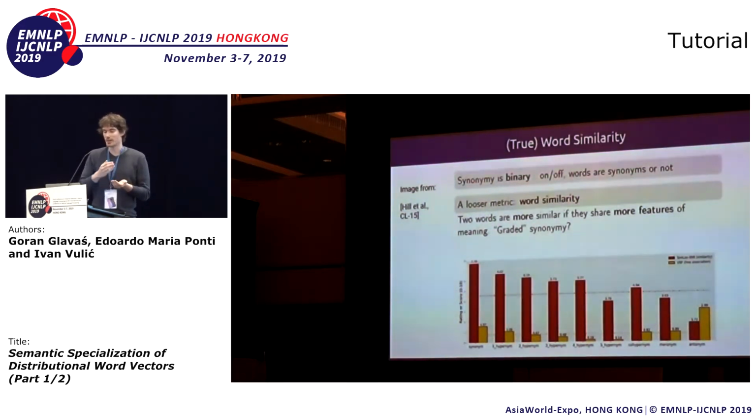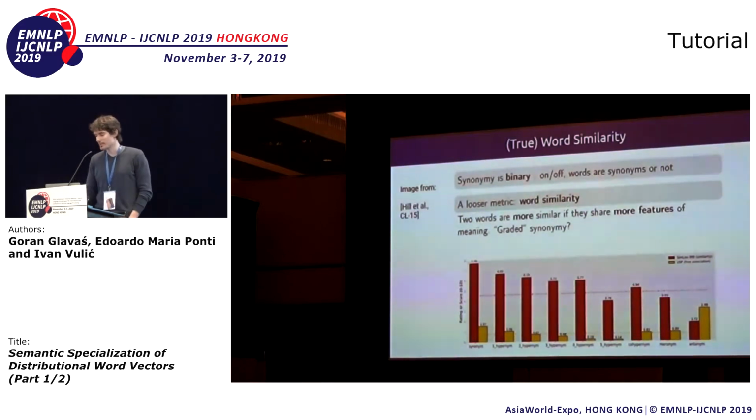That's what Felix Hill and colleagues showed in the Simlex paper: the strongest scores on true word similarity are for true synonyms and one-hop hypernyms from the word hierarchy, which makes sense because you often can replace hypernyms in similar contexts.